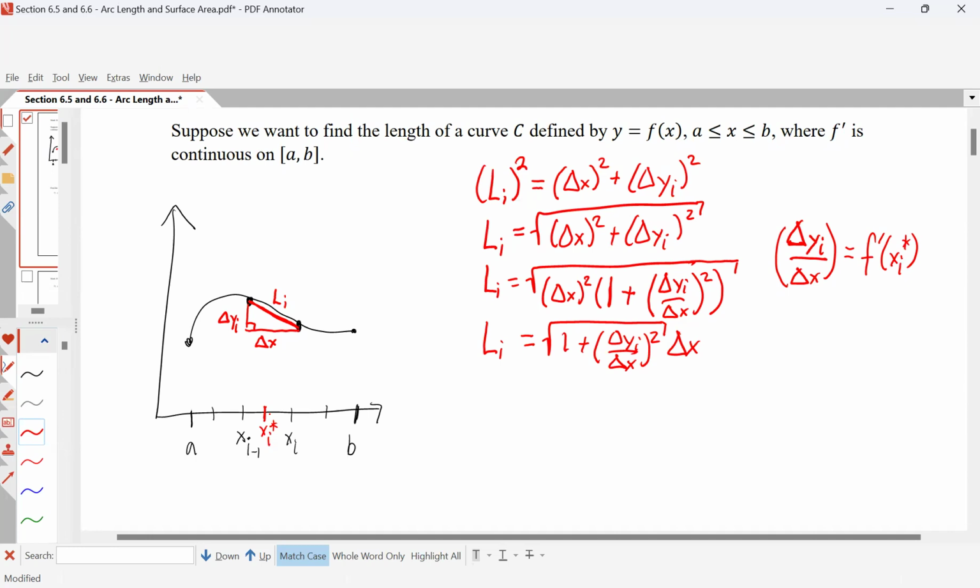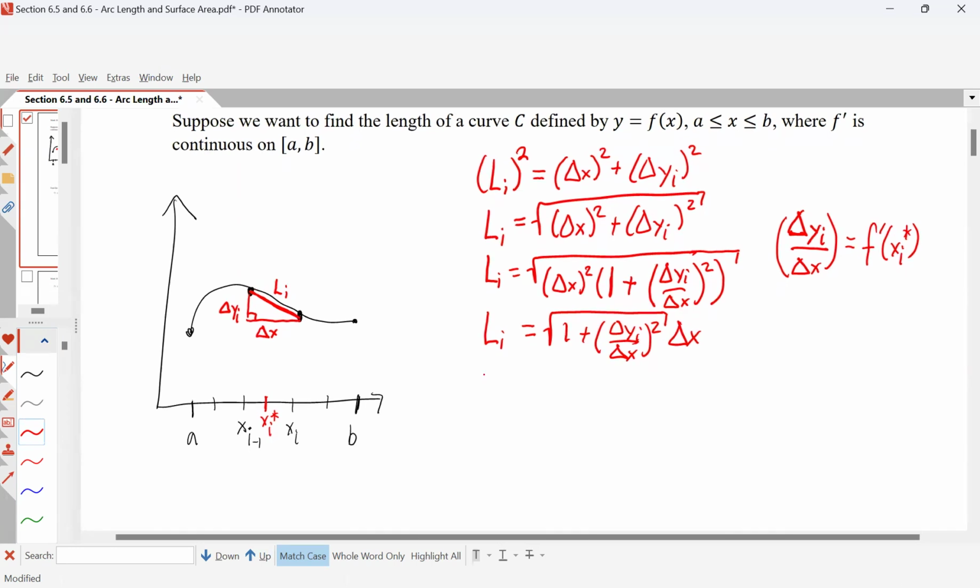And since these intervals are really small, ultimately, that means that we can replace this delta y i over delta x with the derivative at x i star.